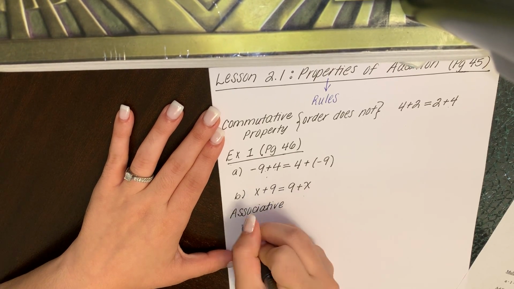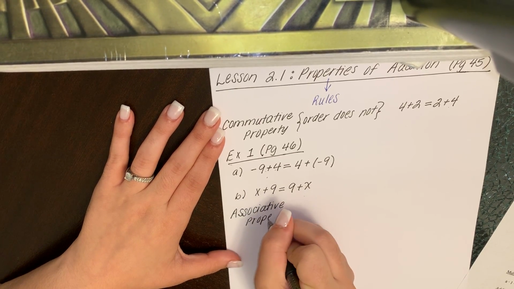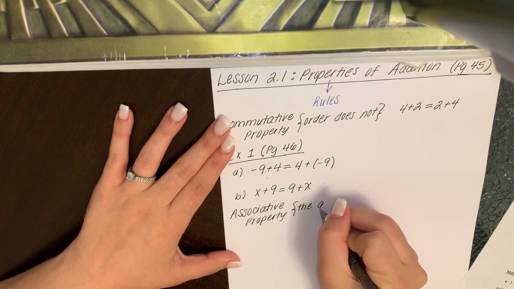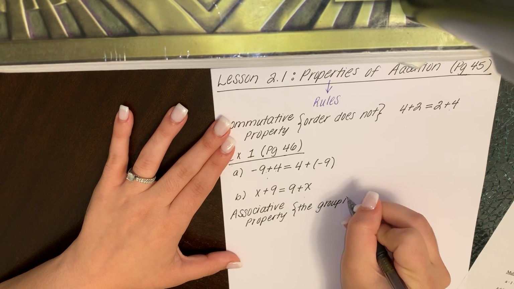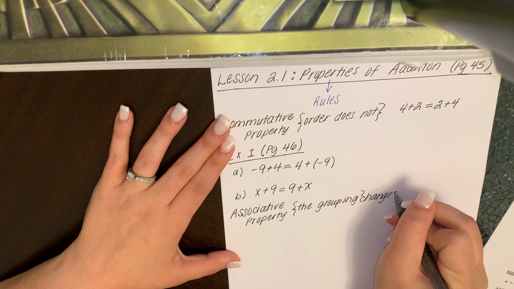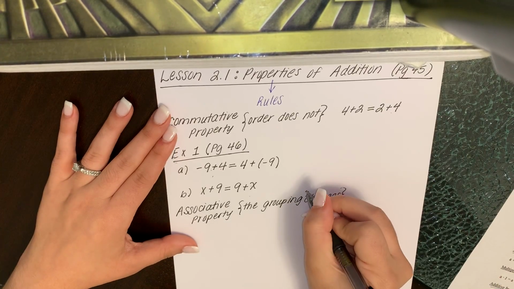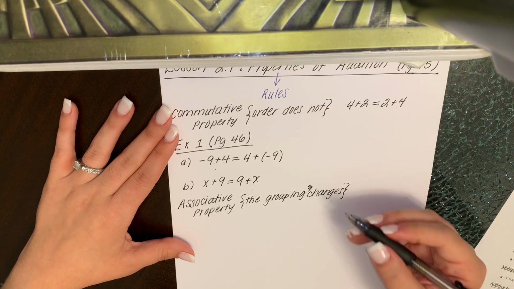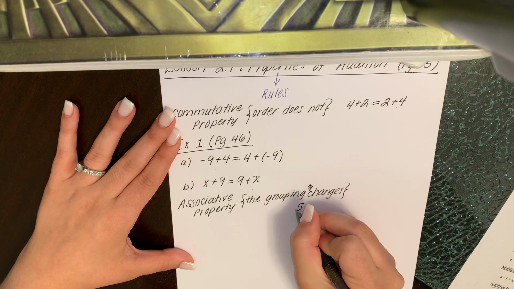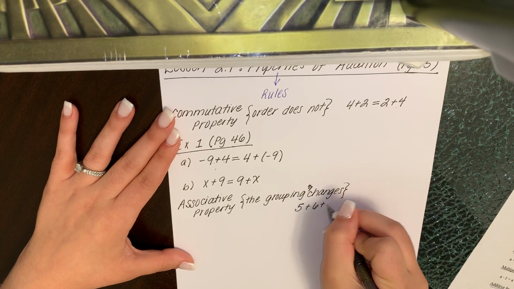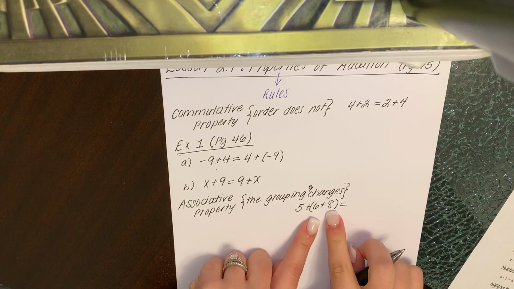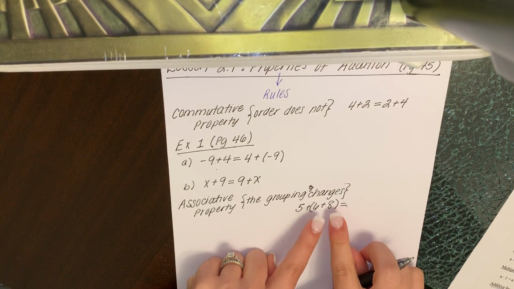For associative property, the grouping changes. That's the main thing that happens here. The grouping changes. So what does that mean when it says the grouping changes? Well, an example of this would be if I had 5 plus 6 plus 8, and 6 and 8 are in parentheses, I can change what's inside the group, or inside the parentheses.